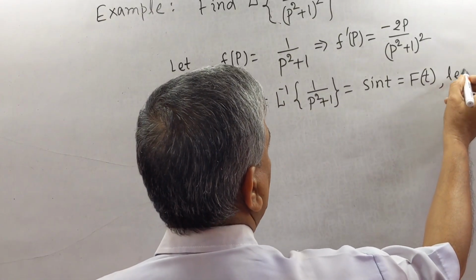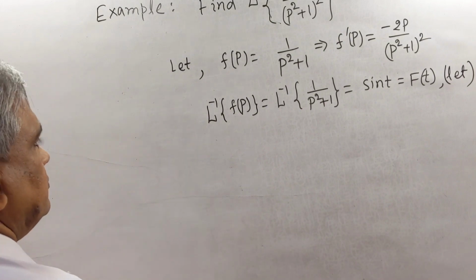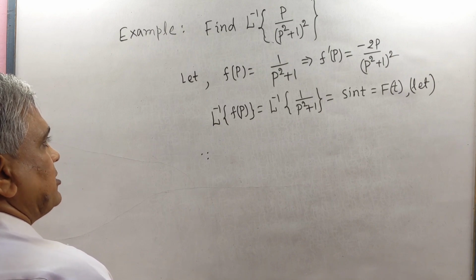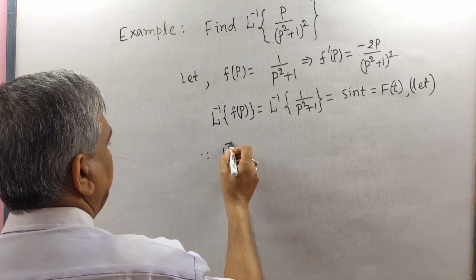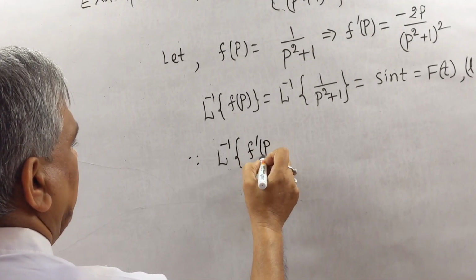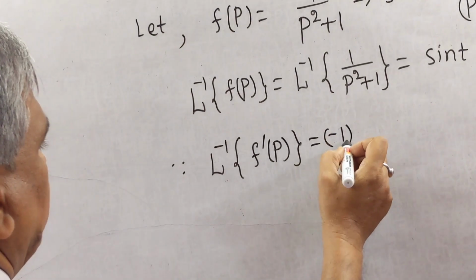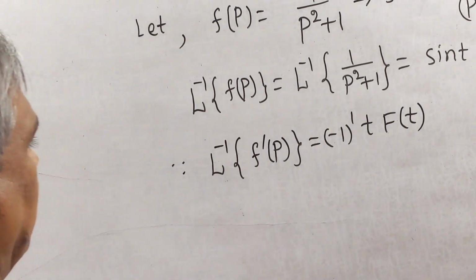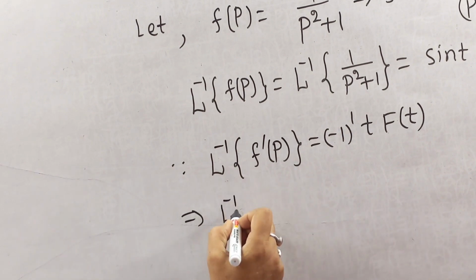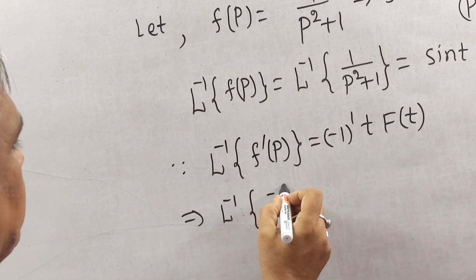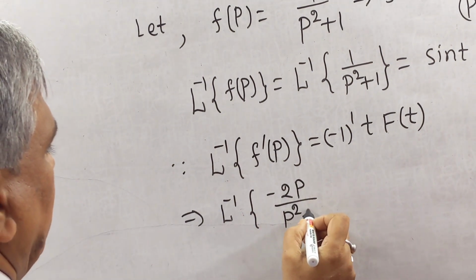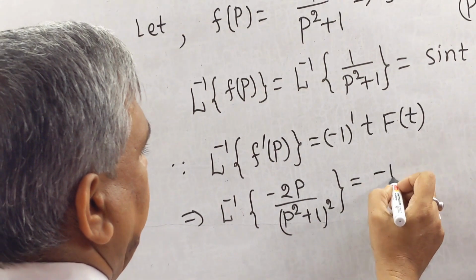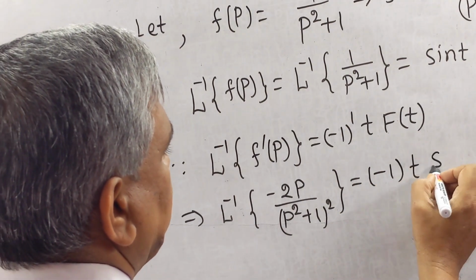Since according to the formula of derivative of inverse Laplace transformation, we have L inverse F dash(p) equal to minus 1 to the power 1 t f(t), implies that L inverse minus 2p by p square plus 1 whole square equal to minus 1 t sin t.